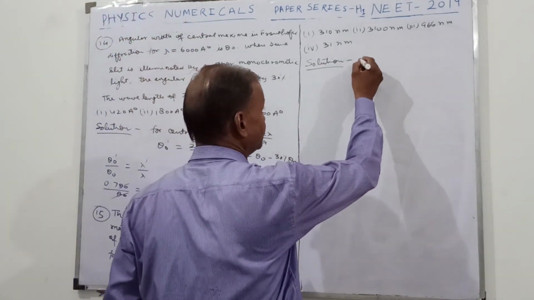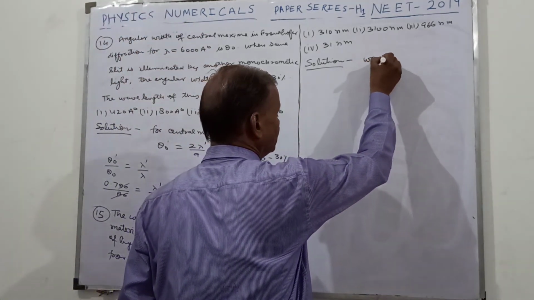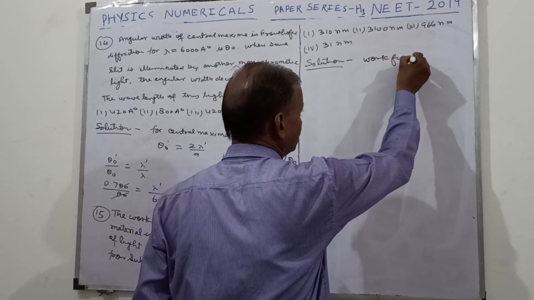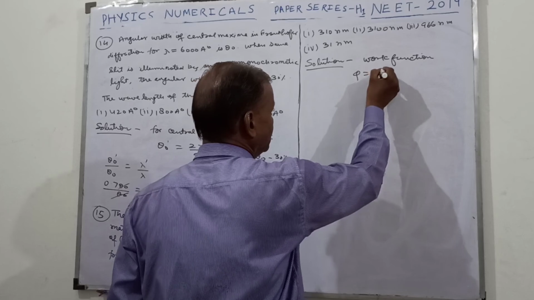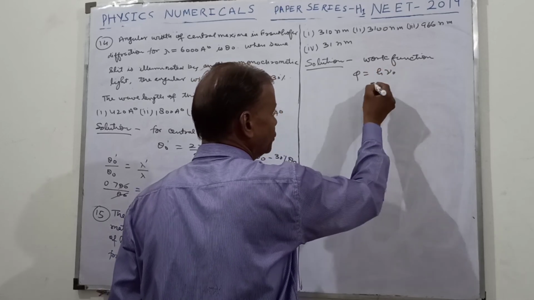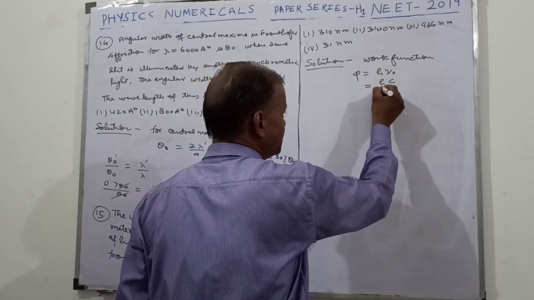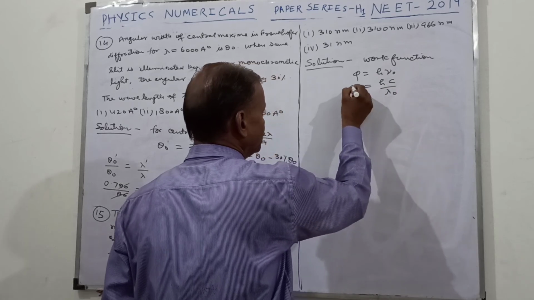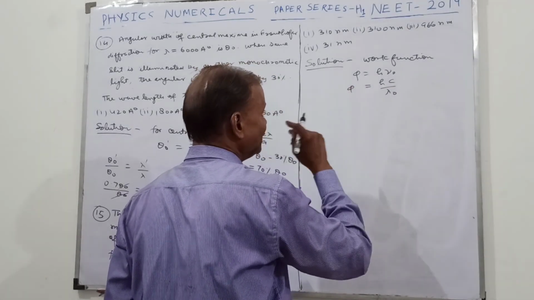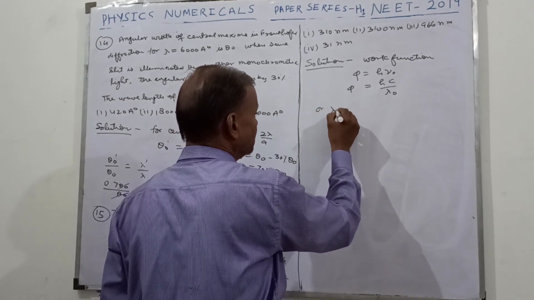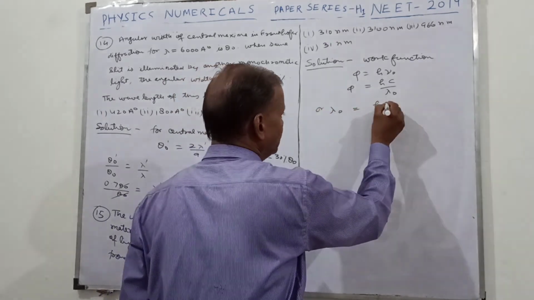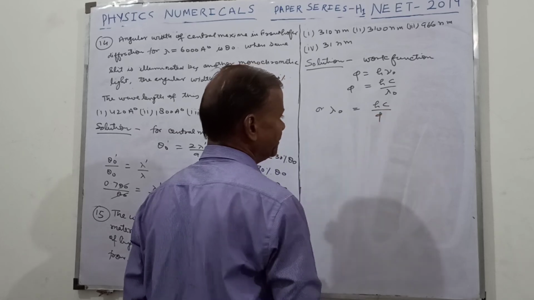So work function phi equal to h nu naught. So this is now hc upon lambda naught, this is phi. So here lambda naught equal to hc upon phi.